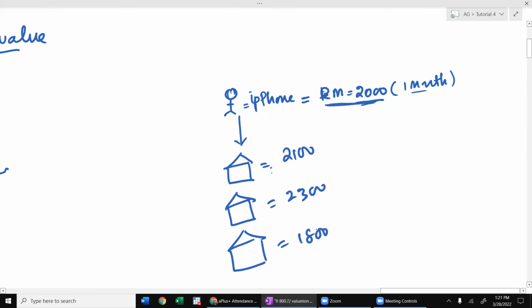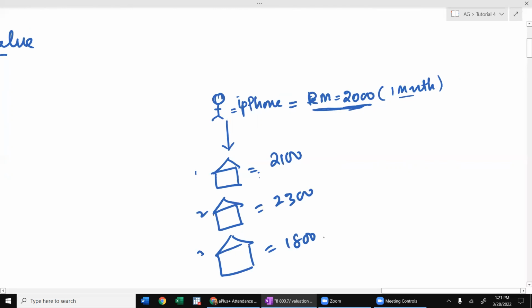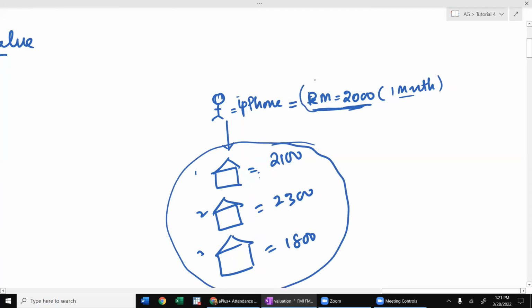From which seller would you buy? 1, 2, or 3? Which seller will you buy your phone from? 3, sir. Why? Because in the market the situation is different from what you were expecting.